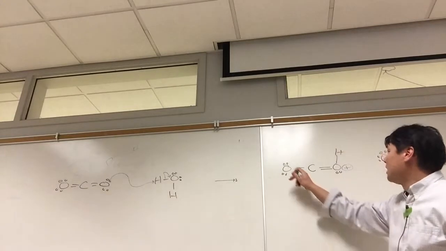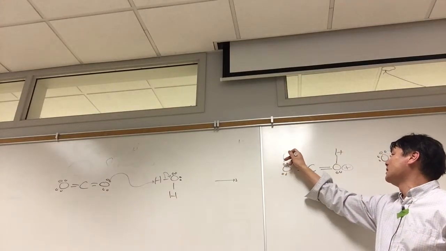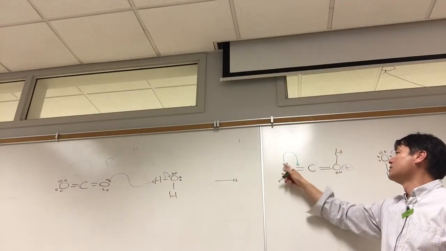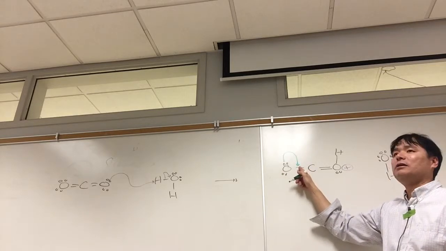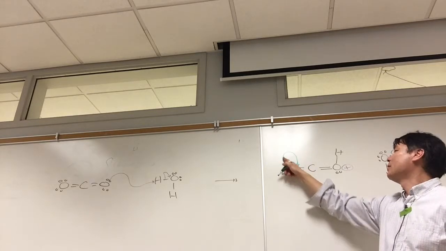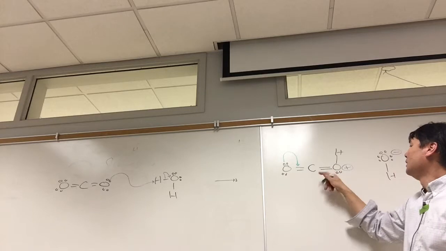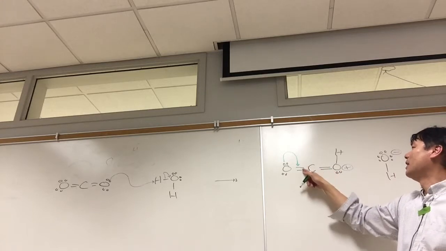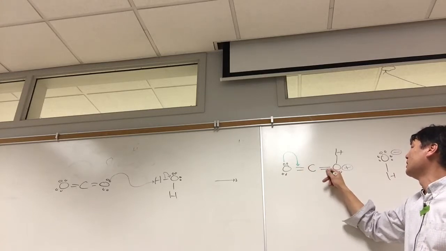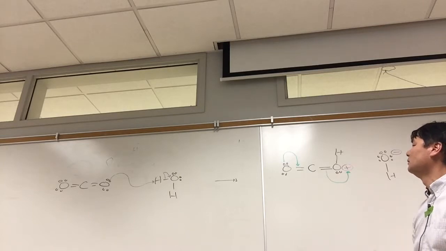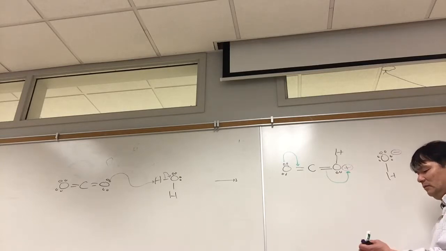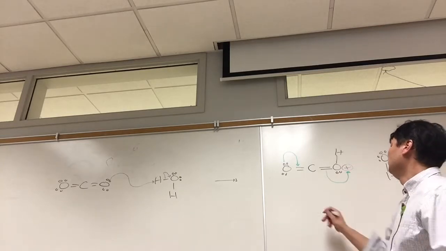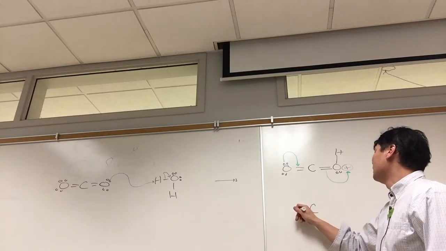And so what I'll do is I'm going to drop these into the bond. So this lone pair gets converted into a bond here. And that means there are too many. If I get a triple bond here, I can't have a double bond here. So I'm going to kick a pair out here. And so we generate this.